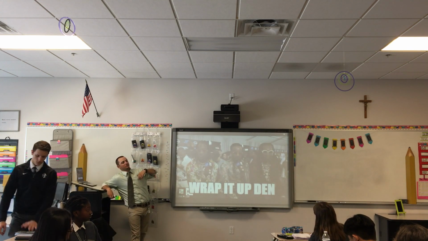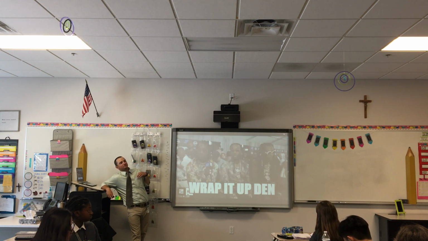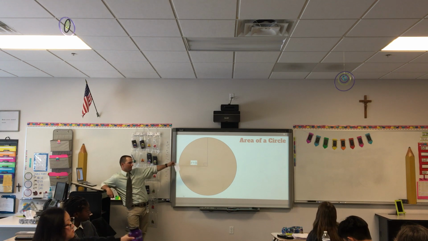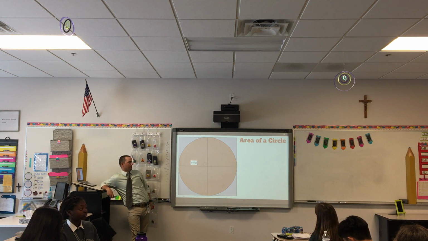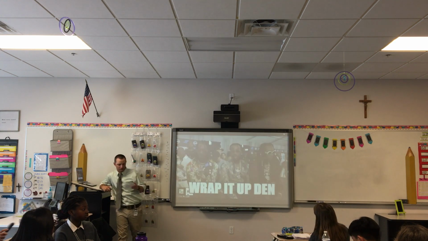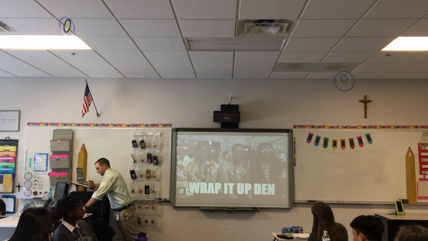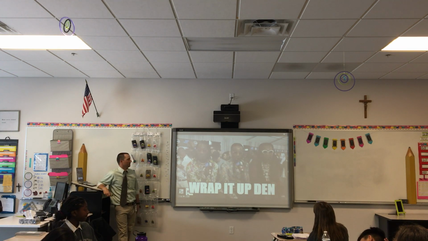And why do we square pi? Why is it pi times pi? Remember, if we go back to this, because they're perpendicular, just like all the other shapes, if it's perpendicular, we multiply them together. Okay. Grace, can you think of one way that finding the area of a circle might be useful?